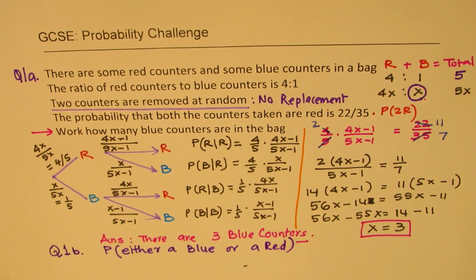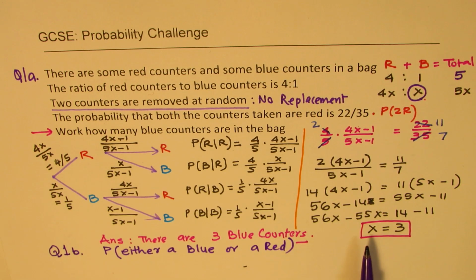So it could be either way, first blue or second blue, first red or second red. So I want you to find the probability of a blue and a red, either way. That is what I want you to calculate now, when we clearly know the value of x is 3. Perfect. I hope you understand this question, right?